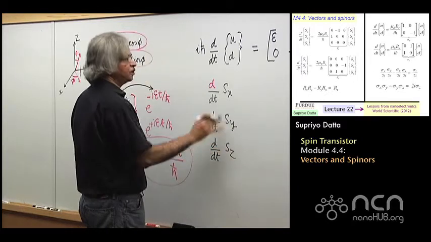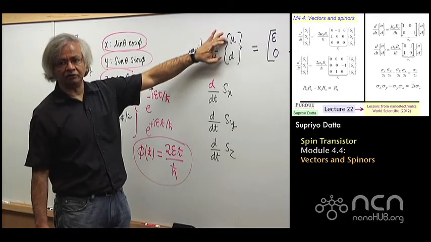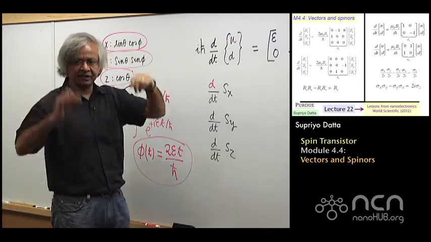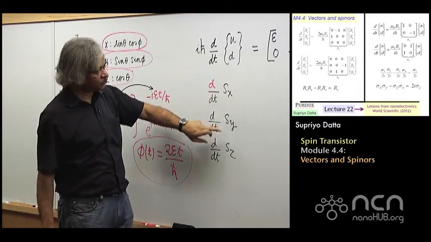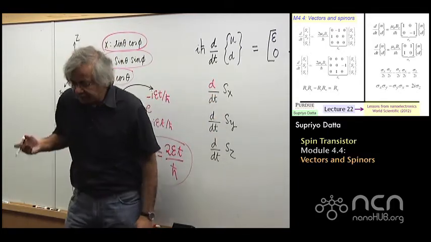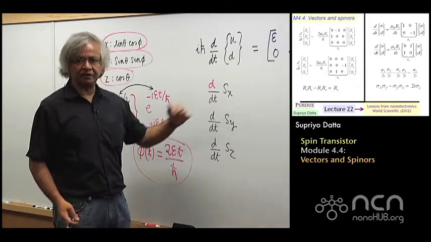So in other words, the Schrodinger equation as it stands is telling me how the up and down components evolve. But supposing I want to visualize it as a vector pointing in some direction, and Sx, Sy, and Sz are the usual x, y, and z components. And I want to write down how they vary with time.